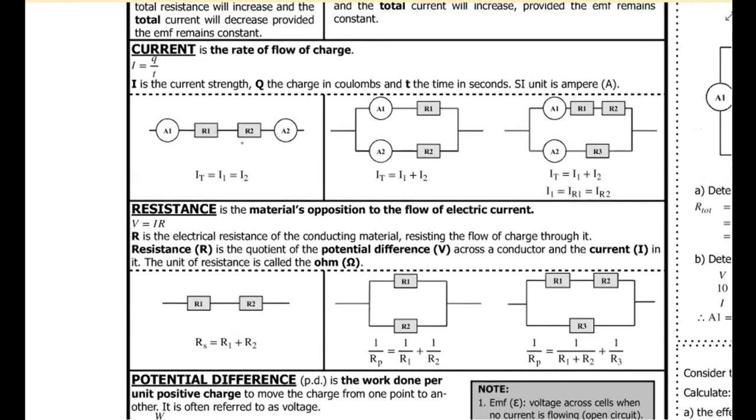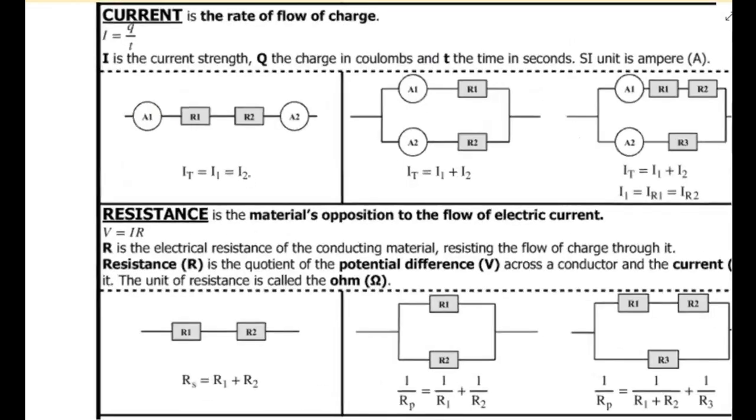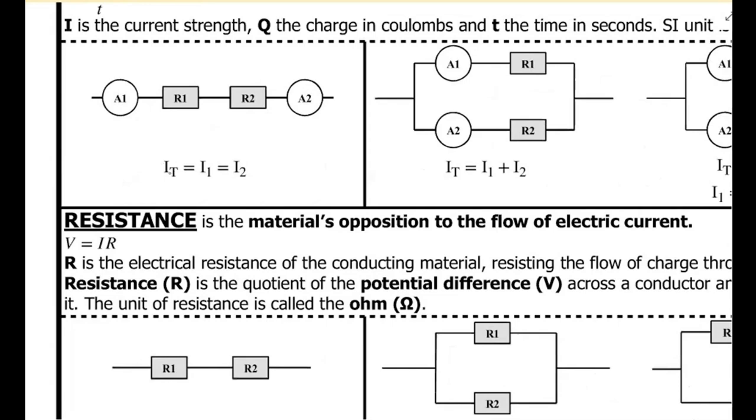So we're going to start off with the first one, which involves current. When we have a series circuit, the current through all the components in the circuit is the same. So the rule is that the total current is equal to I1, and I1 in this example would be what's going through ammeter A1.